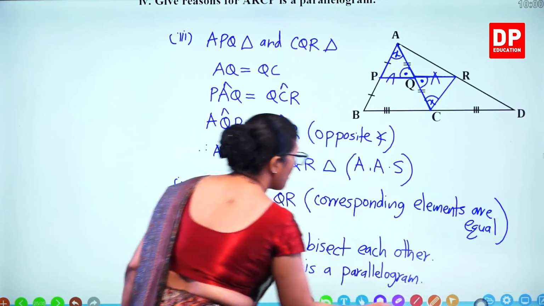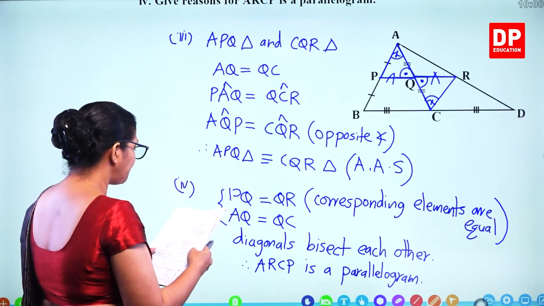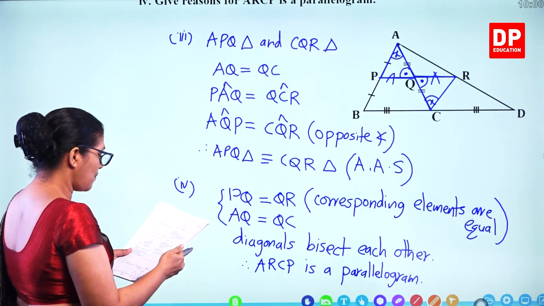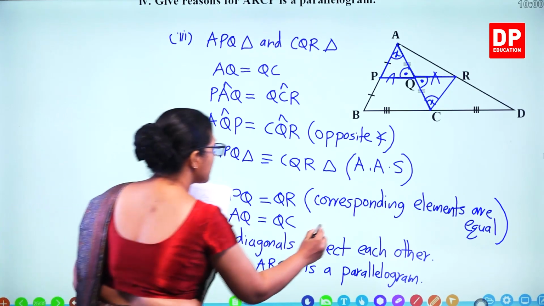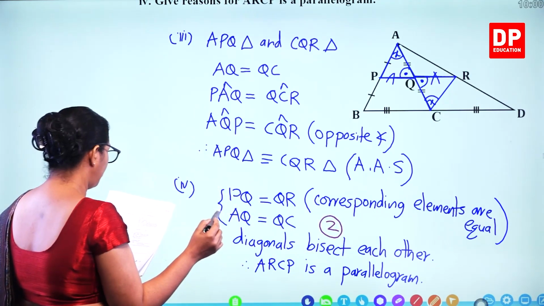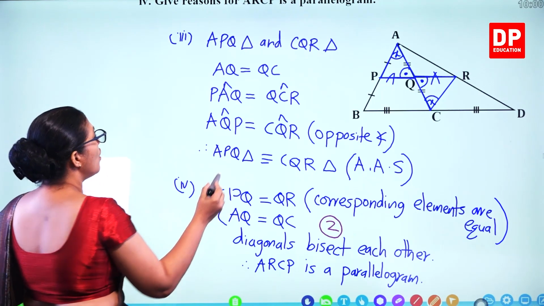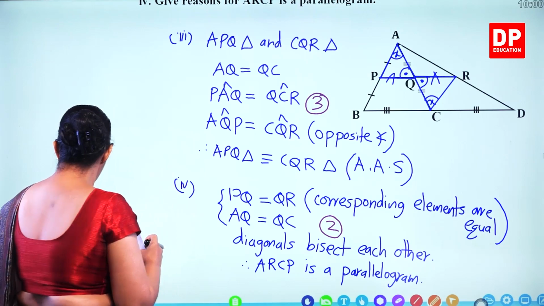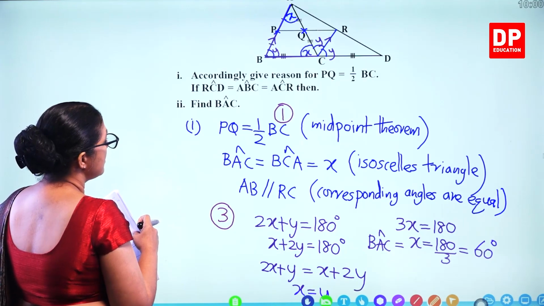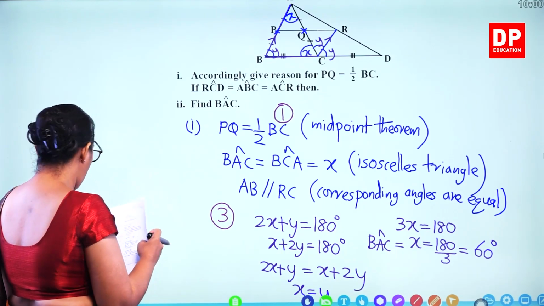How many marks now for these two? 2 marks for this and 3 marks for this. So 3 plus 2, 5 and 4, 9 marks.